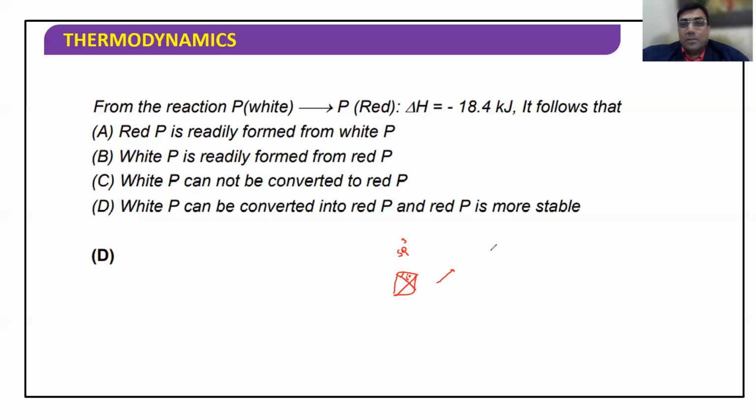So it will be converted into red phosphorus. You know what red phosphorus is? Matchboxes, you light them up, no? That is red phosphorus. So white phosphorus can be converted into red phosphorus because red phosphorus is more stable. It is more stable because it is in polymeric form. So that's the answer.